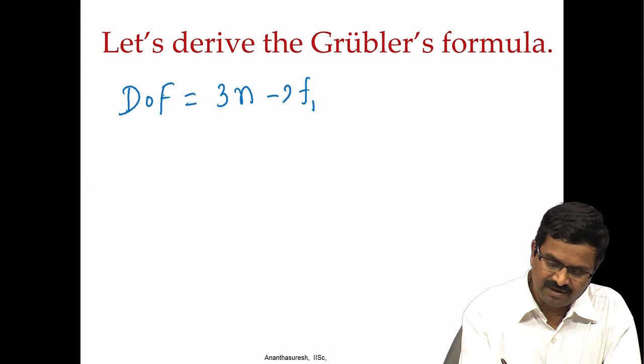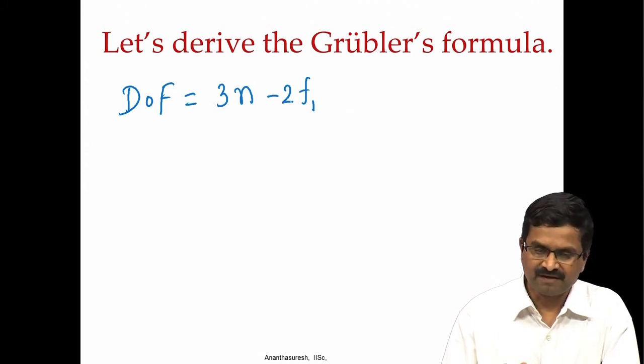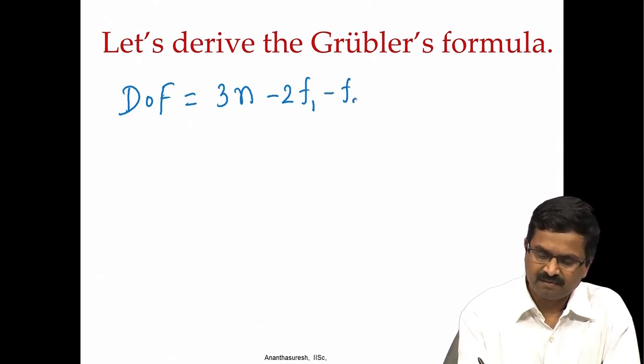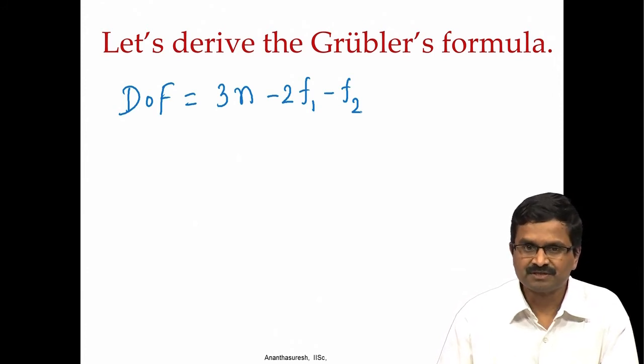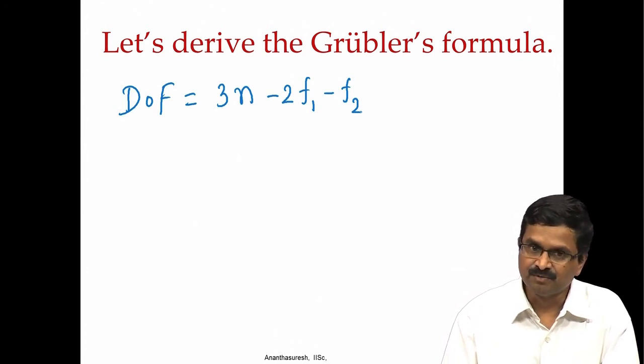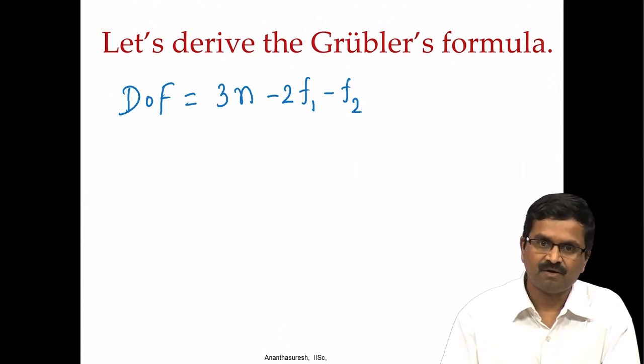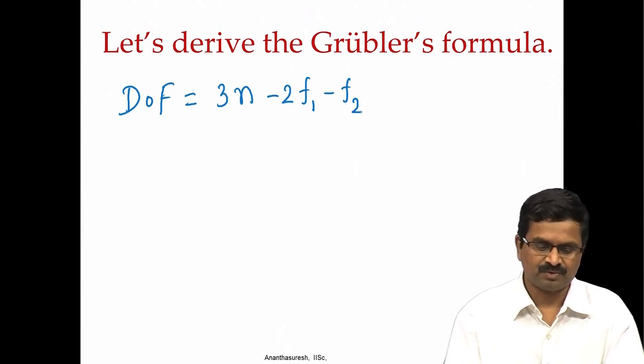So, we have to multiply by 2. 2 times F1, number of 1 degree freedom joints, then it will be minus 2 F1. Similarly, minus F2, because an F2 joint allows 2 degrees of freedom and hence it removes 1 degree of freedom. So, you have to subtract all of them, minus F2, that is how we get.